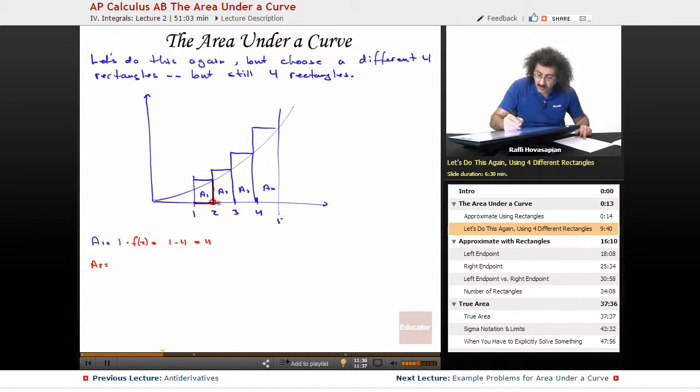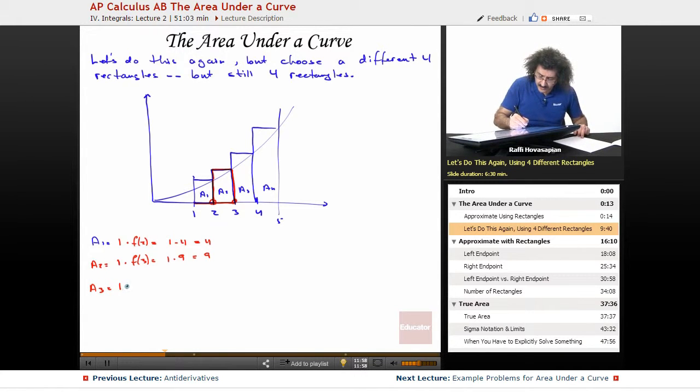Area 2 is 1 times, this time it's f of 3. That's the height of my rectangle. So it's going to be 1 times f of 3, which is 1 times 9, which is 9.